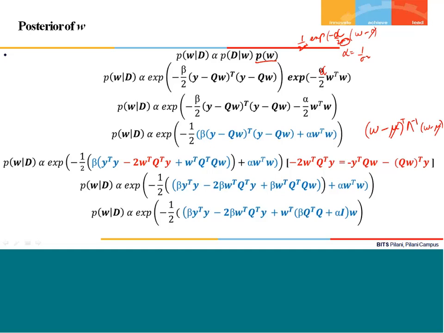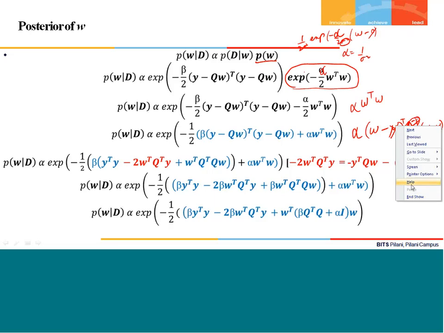We are replacing the variance with the precision factor, so this alpha minus 1 is here. Since mu is zero, this got converted into W transpose W, right? That's how we come to this exponent of alpha W transpose W. This is the probability in the normal form.